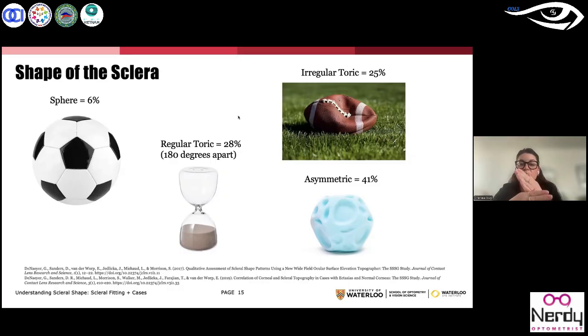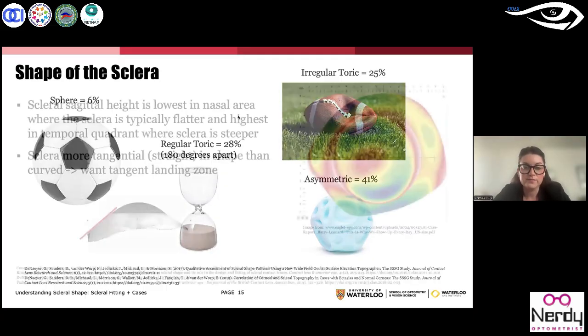There is some toric pattern that the researchers encountered, but it wasn't 180 degrees apart. And then asymmetric, my dog has a kind of ball like this that bounces all around. So that was our biggest group, asymmetrical or irregular.